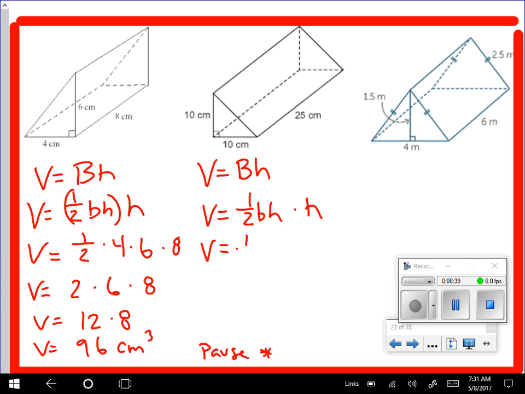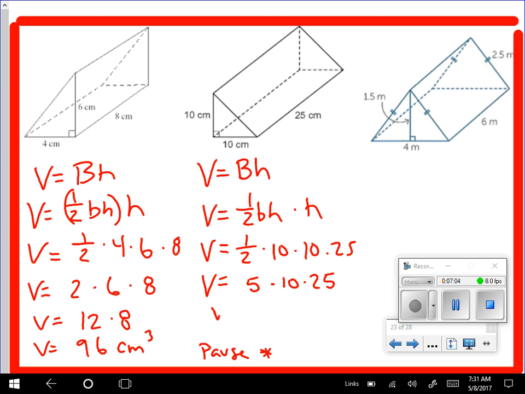So we're going to plug in what we know. The base would be 10 of the triangle. The height would also be 10 of the triangle. And if I stood it up on its base, it would be 25 centimeters tall. So that's the height of the prism. So half of 10 is 5.